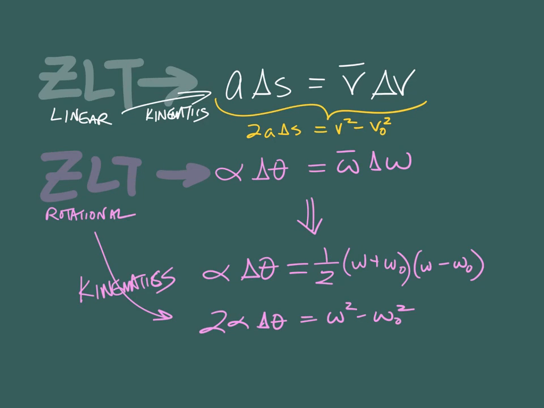Nice thing is that the list of linear kinematics equations, I can rewrite them with angular variables, and I have a list of rotational kinematics. Nothing changes. The structure is identical, but the letter labels change because the nature of the motion changes. But computationally, as long as you stick in radians, you'll always get the right answers using the exact same approach. You just have to change the way that you think about what it is you're looking at. So that's that.